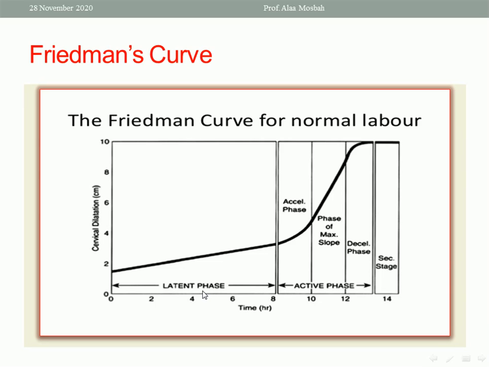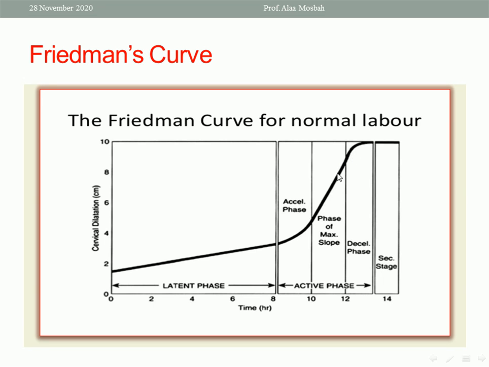The latent phase starts from true labor pain till 3 cm dilatation of the cervix. Then the active phase starts from 3 cm dilatation up to 10 cm. And he divided the active phase into 3 parts: the acceleration phase, the maximum slope phase and the deceleration phase.